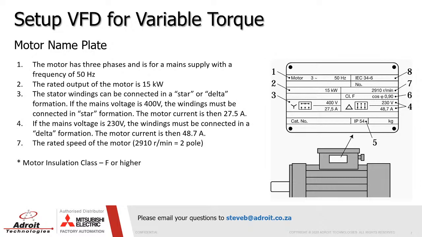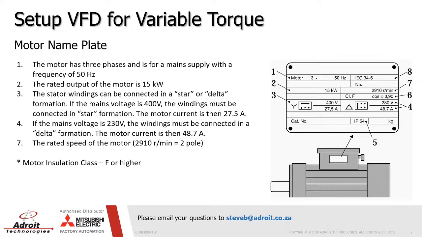Second, what is important will be the rated kilowatts. Then a lot of motors give us two options of a star or delta connection. Now, in my example that I have here, the star connection is for when you have a mains voltage of 400 volt.